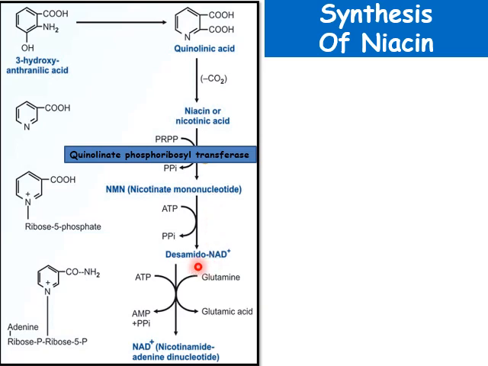Then it is converted into desamido NAD plus with the help of ATP, and again with the help of glutamine it gets converted into NAD plus. So this is the coenzyme form that we get from the niacin, and this niacin we get from the tryptophan.